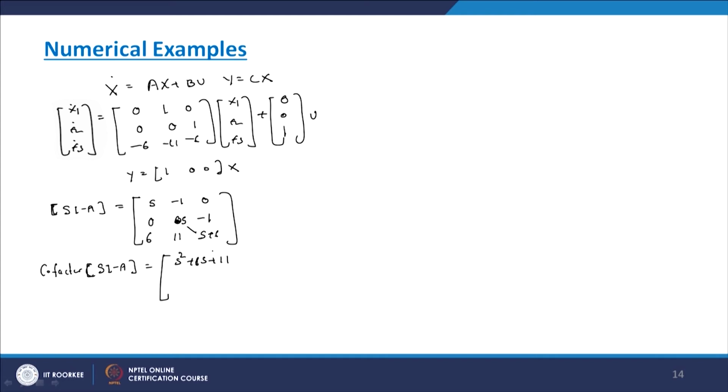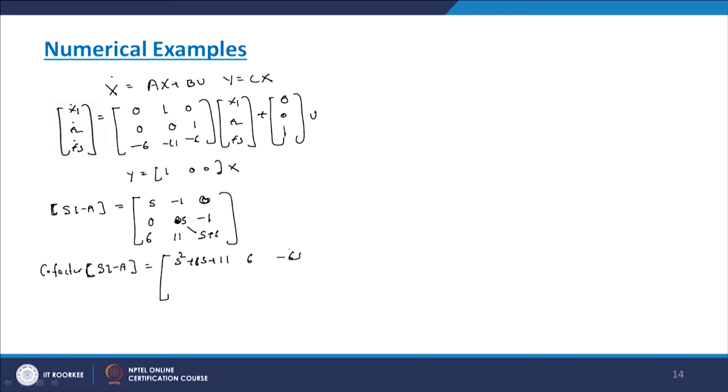Now, about this element, minus 1, here you have to remove this row and this column. So, the multiplication is s plus 6 into this, and here minus 6, and minus of minus 6 is plus 6. So, s square plus 6s plus 11, and here is 6. For this element we multiply 11 and minus 6s, so that is minus 6s here.